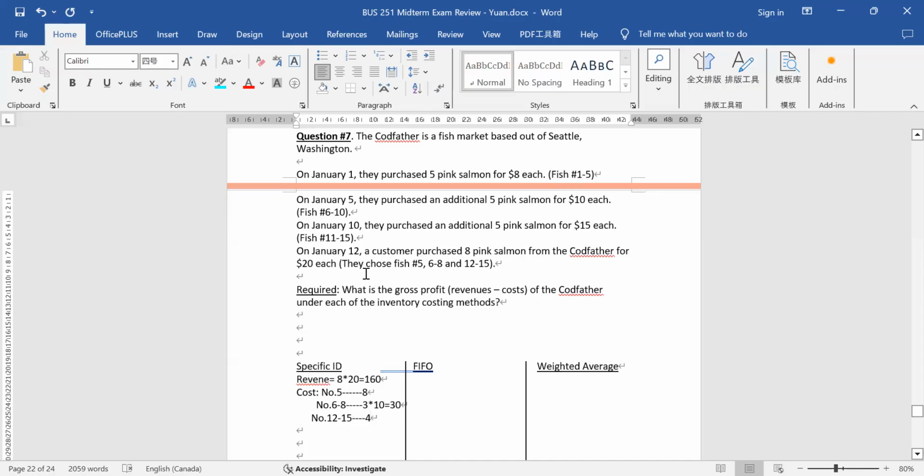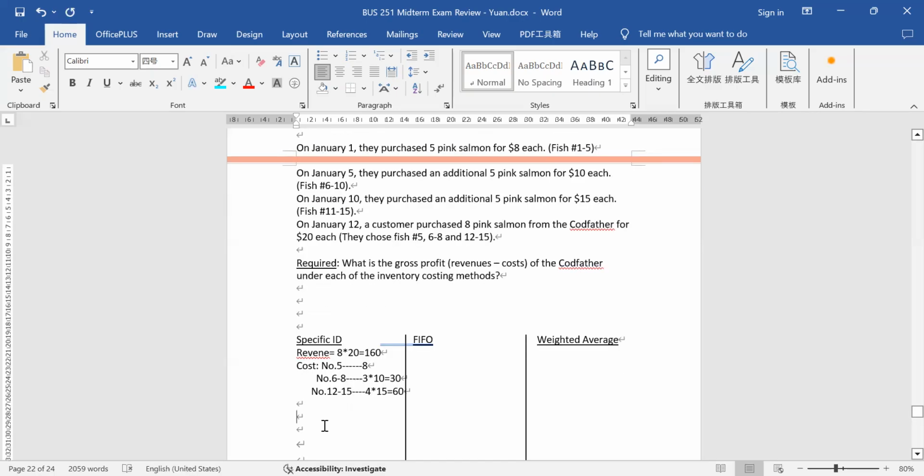And each one is 15. And you times 15. And then you got 60, right? And then you have to sum this together. So total cost equals the sum of all of this together, 98, right?